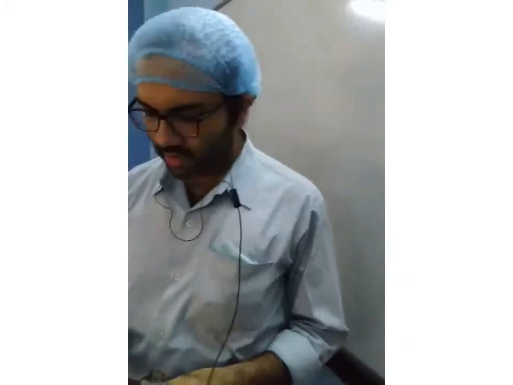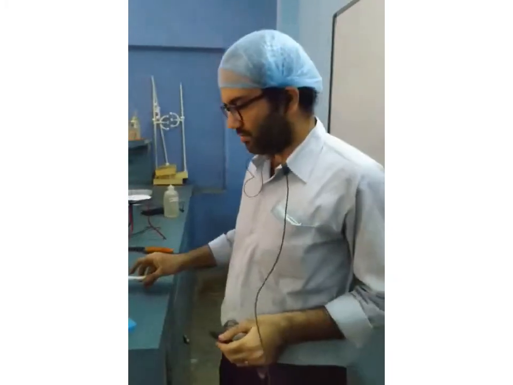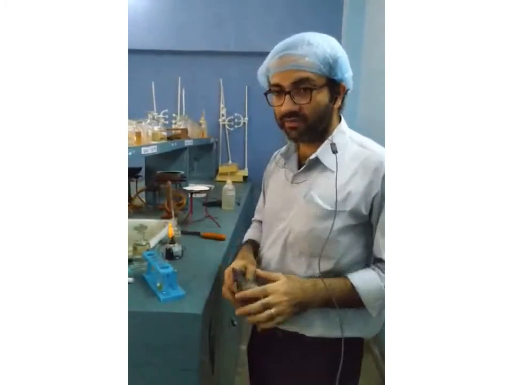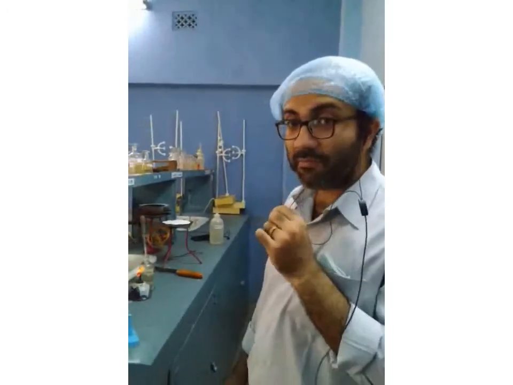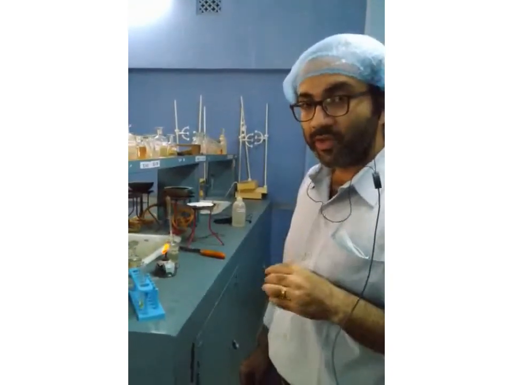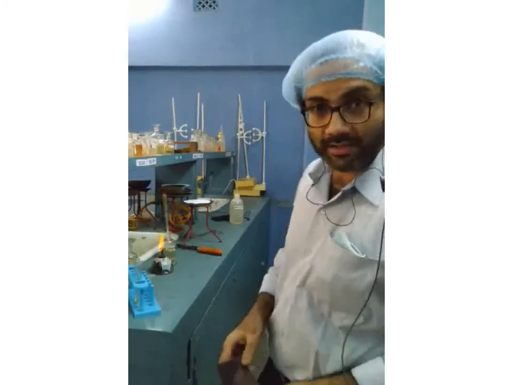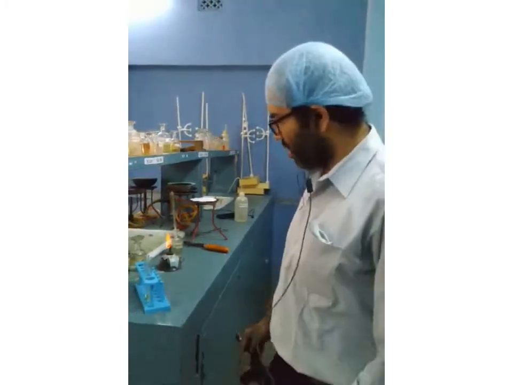You have heard the name of this test. I hope so. This is called the brown ring test. This experiment name, you have heard. And if not, definitely in the upcoming classes, you will hear the name of this test.